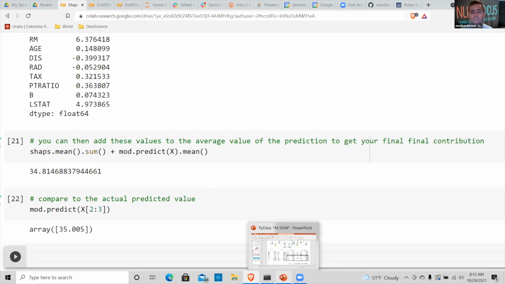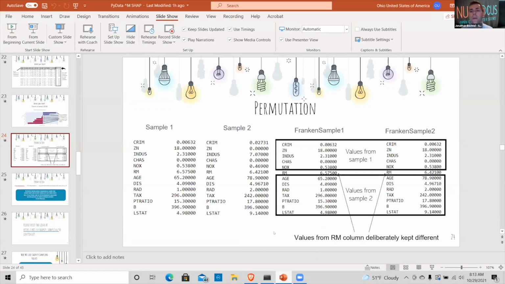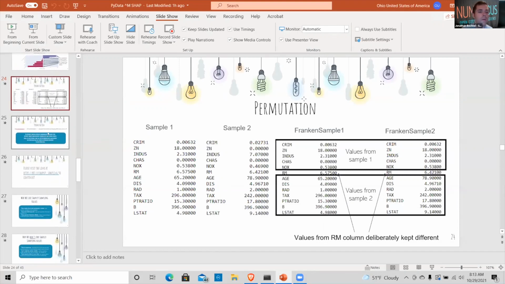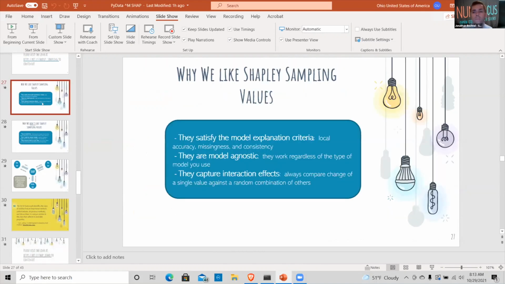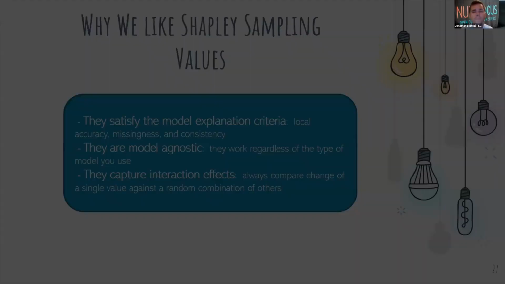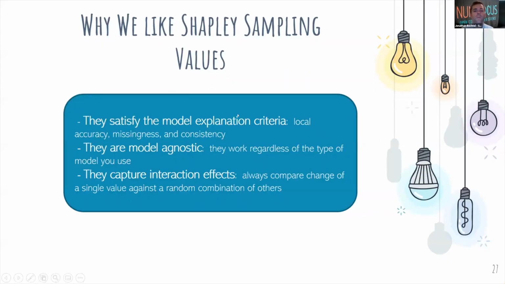So that's the basic idea of what we just discussed. Let's talk a little bit about what this means in various contexts. Something that is useful about Shapley sampling is that it does meet the criteria that we talked about before.